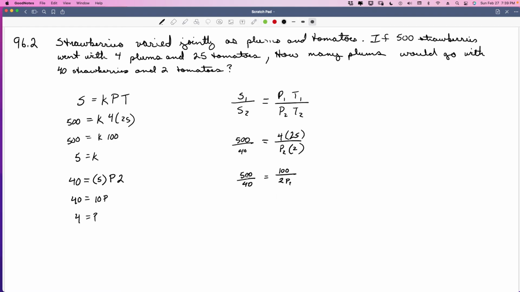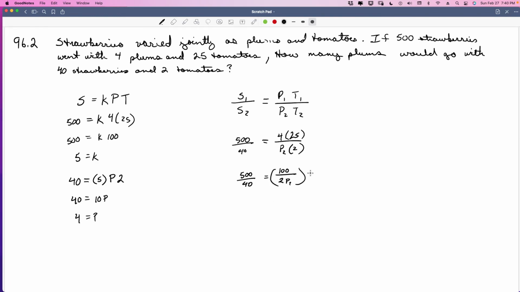All right, so 50 divided by 4. That's going to be a number that I'm not going to solve just yet. What I'm going to do is multiply 2 times P2 times both sides so that I can eliminate this denominator here.